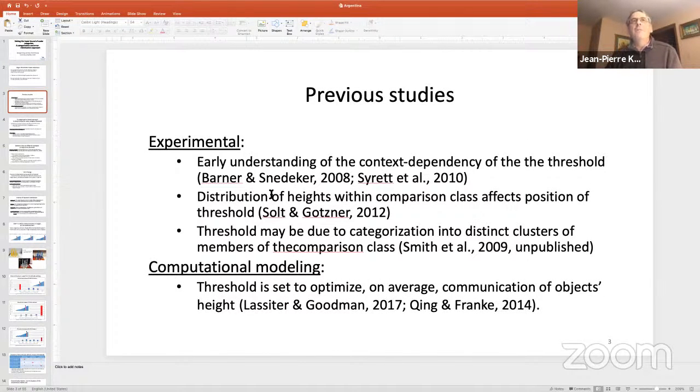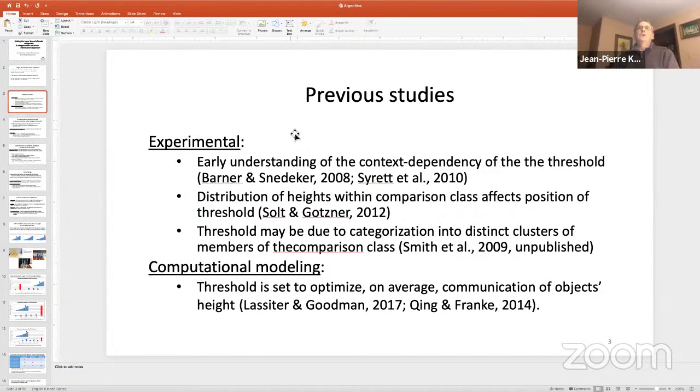Now, there have been some previous experimental studies, and I will focus on those because our approach is experimental. Some people like Barner and Snedeker and Siret and colleagues have focused on the fact that children understand quite early, by 4 years old or thereabout, the context dependency of the threshold. So namely that depending on the particular comparison class, the threshold will vary.